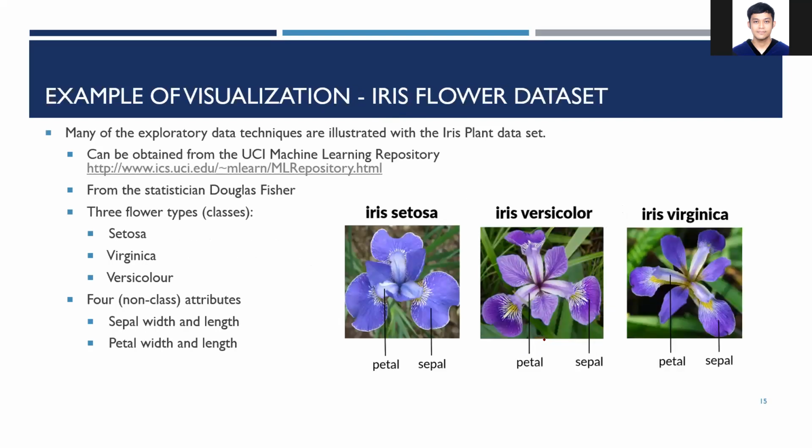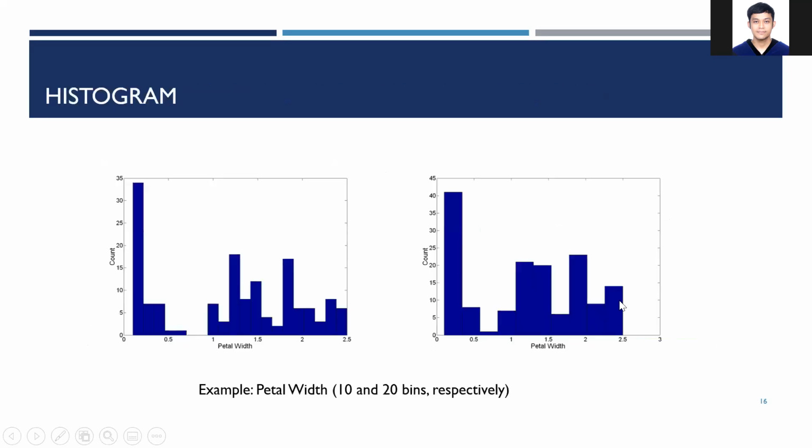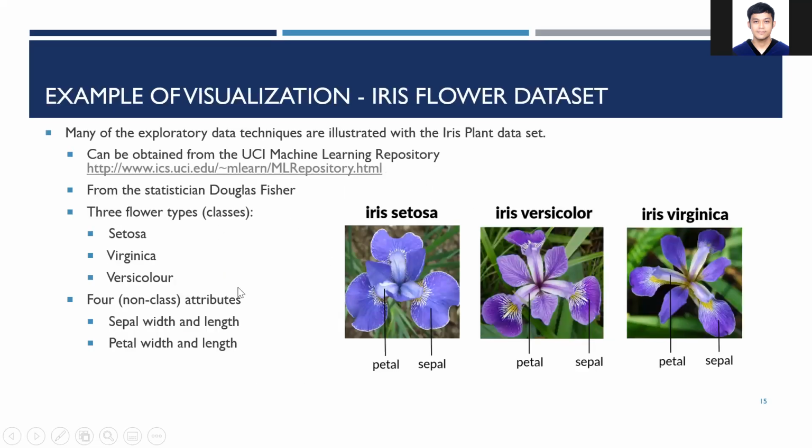For this visualization, I will introduce one data set that is very well known. This is the iris flower dataset. I will use this dataset to introduce some data visualization, how to implement data visualization on data.